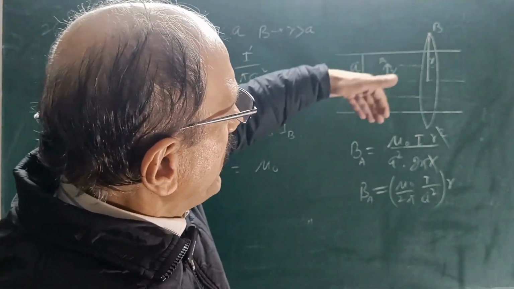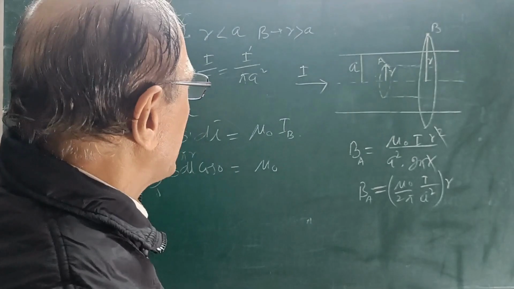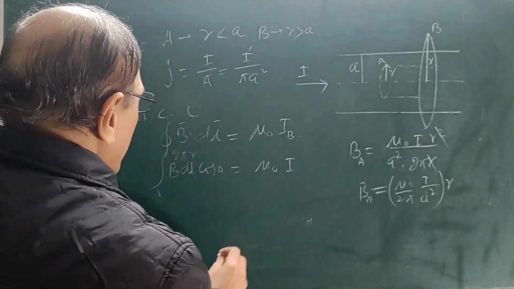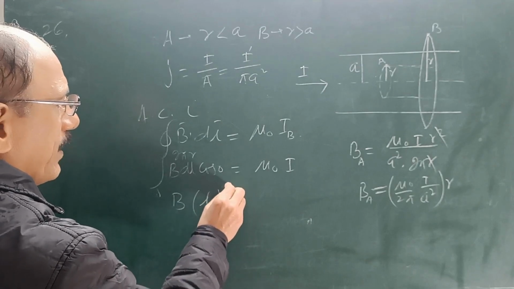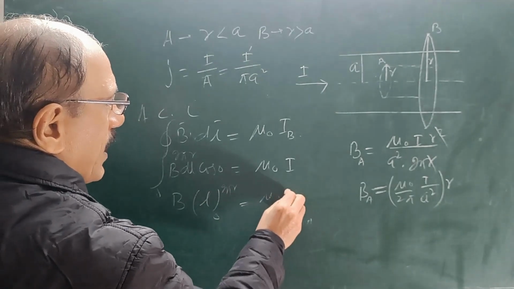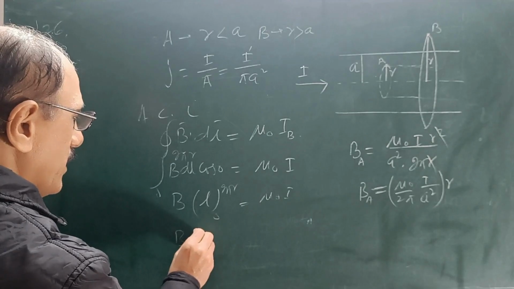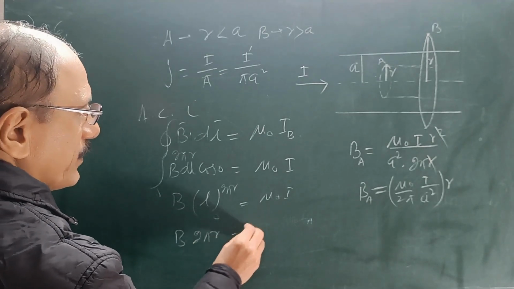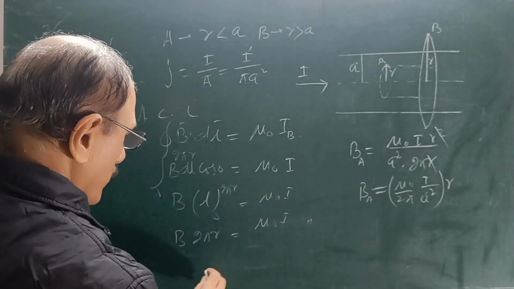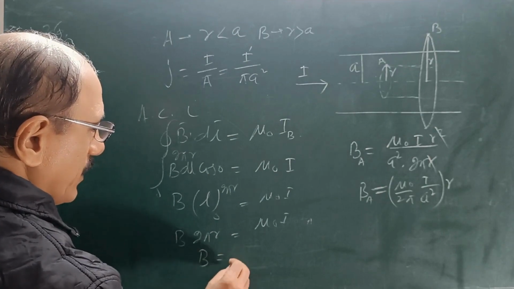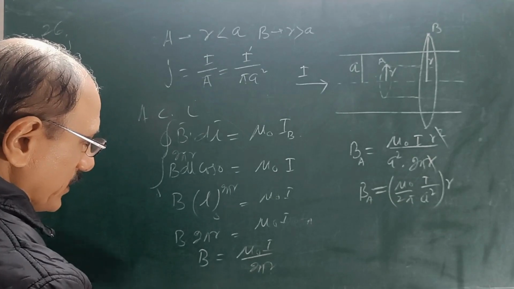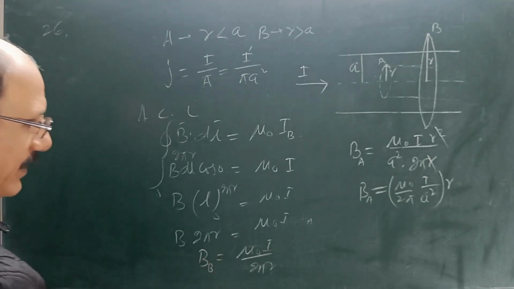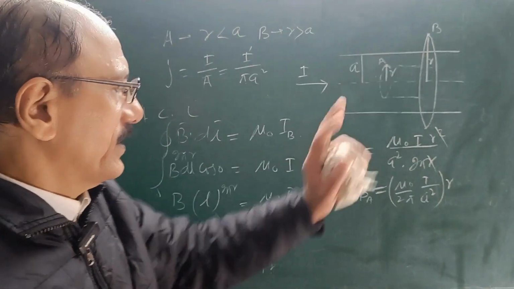There is no current outside, so this remains the same as I. So B 2 pi r is equal to mu naught I, so B will be equal to mu naught I upon 2 pi r. This is the magnetic induction at the location of B.